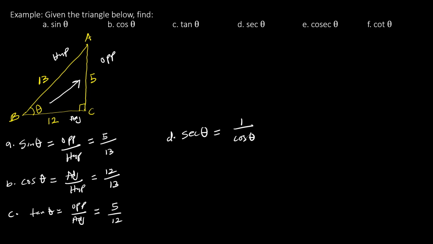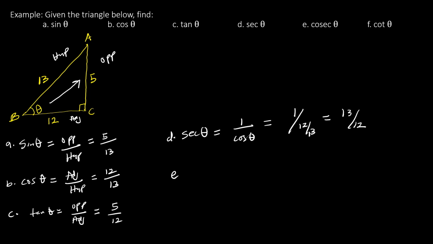Sec is coming from secant, which is the reciprocal of cosine, 1 over cosine. Since we have our cos theta equal to 12 over 13, here we have our sec equal to 1 over 12 over 13, and this will be equal to 13 over 12. So that is sec theta.